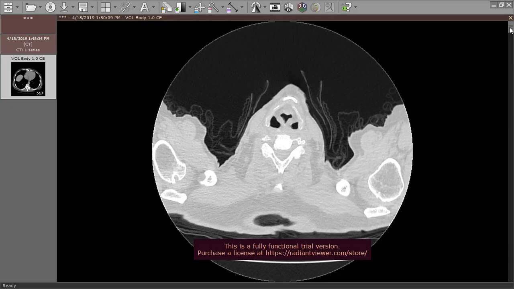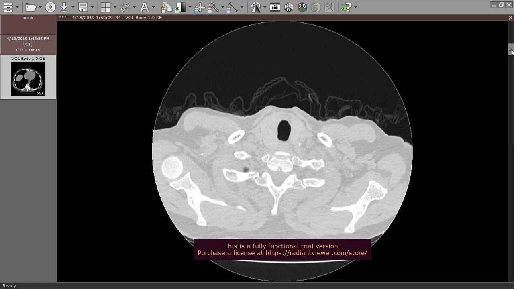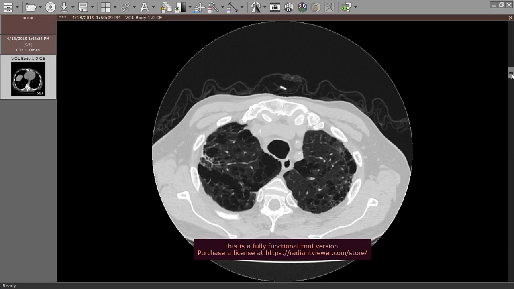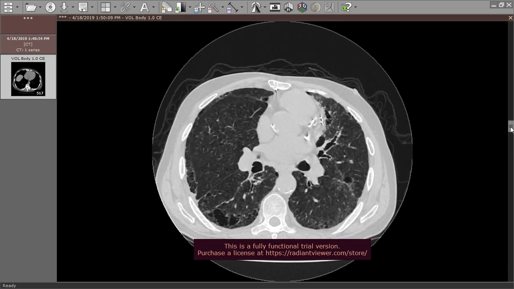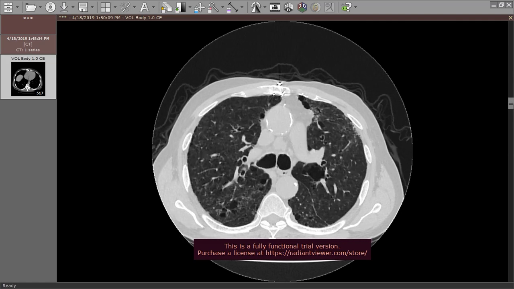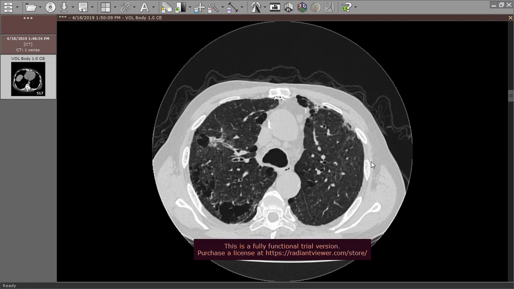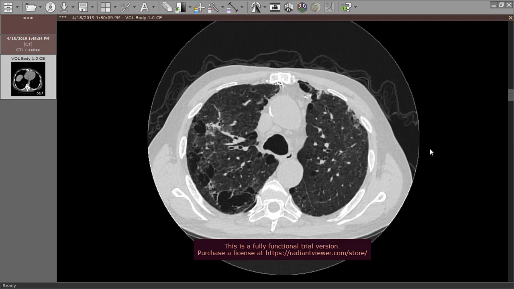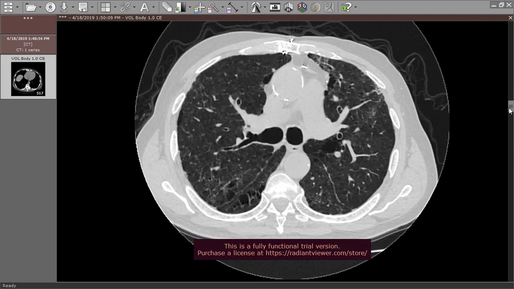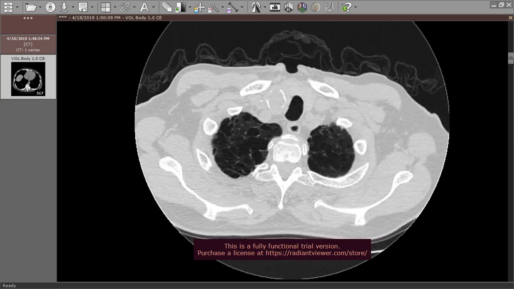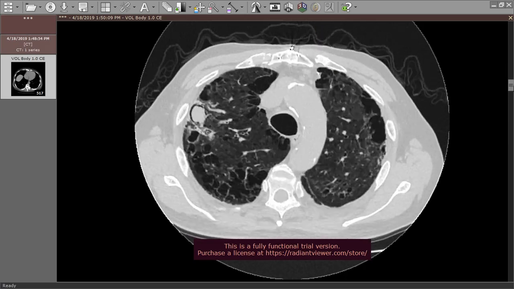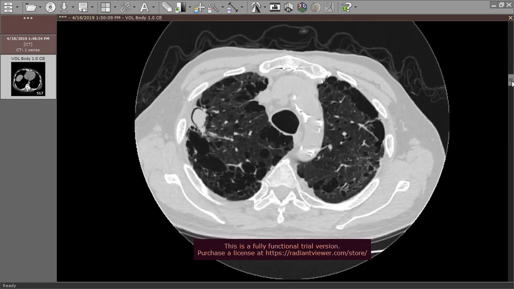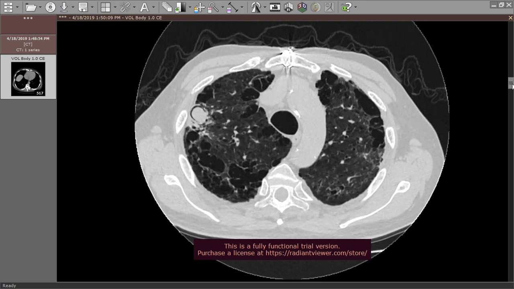Case number 8. Obviously, this patient is known for lung emphysema, mixed centrilobular and paraseptal emphysema, and we have this classic pathology.